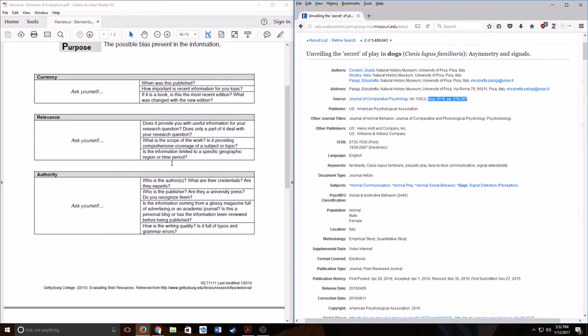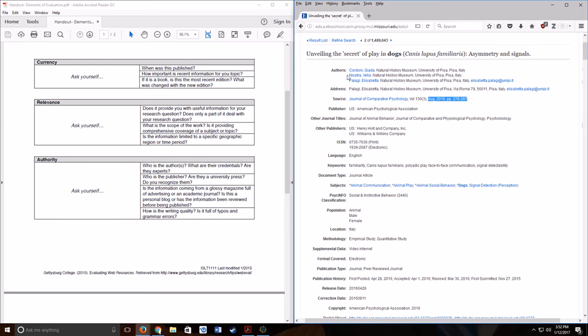Next, authority. The authors are usually all listed very well. It's easy to see who they are. And for articles, it's always awesome whenever they list where they're from. So these three people are all from the Natural History Museum at the University of Pisa in Pisa, Italy. So pretty quickly you can tell that they at least are educated in the field.